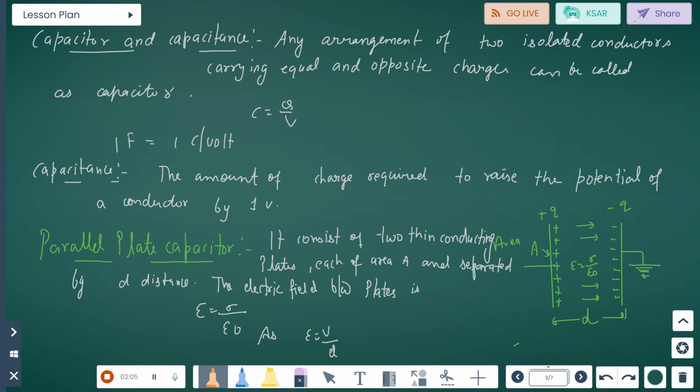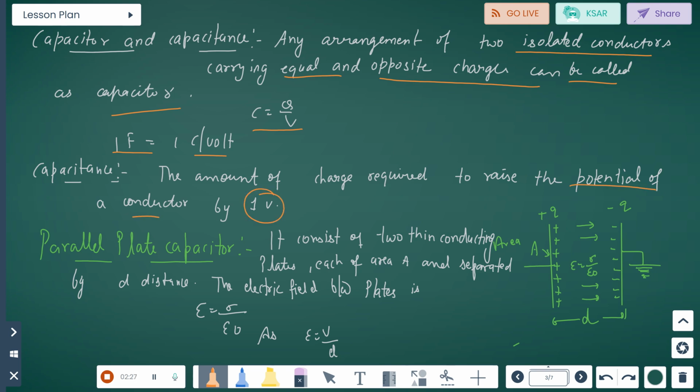Now capacitor and capacitance. Any arrangement of two isolated conductors carrying equal and opposite charges can be called a capacitor, where C equals Q by V. 1 farad equals 1 coulomb by volt. Capacitance is the amount of charge required to raise the potential of a conductor by 1 volt.